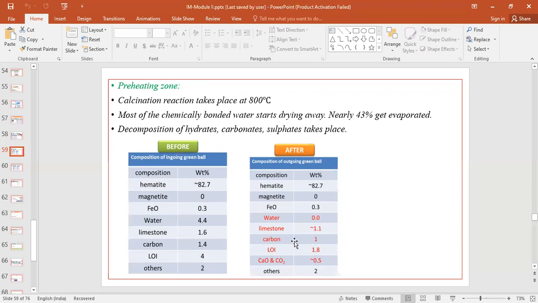Then, as it is dissociated into CaO and CO2, there is a possibility of CO2 coming into existence here, because initially there is no CaO or CO2 here. It is only the limestone. So after dissociation, you can see a certain amount of these two products in the pellet.